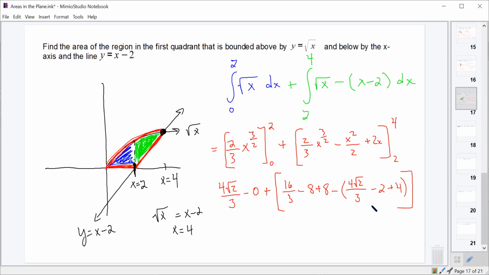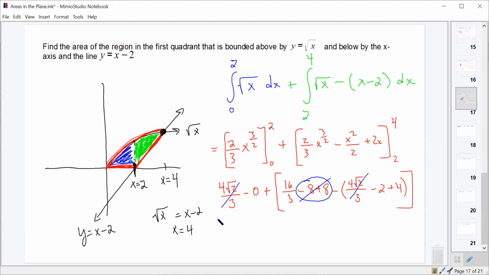Good. All right, we should have a bunch of stuff that we can just ignore, right? The minus 0 we can just ignore. The minus 8 plus 8 we can just ignore. This minus sign gets distributed to the 4 root 2 over 3, which makes it a negative 4 root 2 over 3. And this is a positive 4 root 2 over 3. So I can cancel those out.